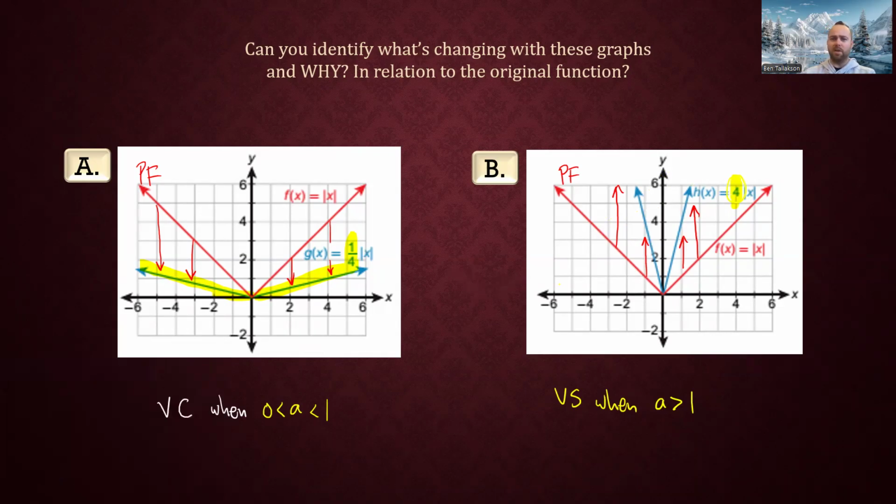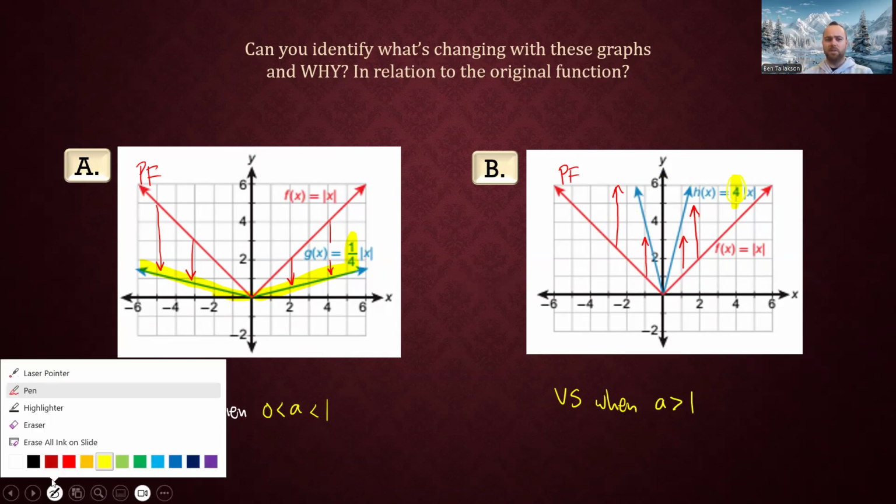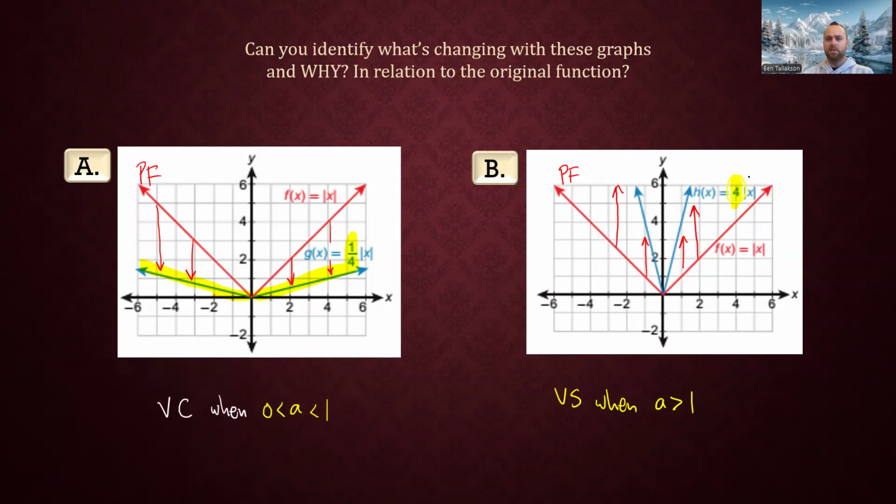It's just the y values, the outputs, that are changing. Okay? So this x value of 1 resulted in a y value of 1. But for this function, when you put in 1, it results in a y value of 4, right? Because 1 times 4 is 4.